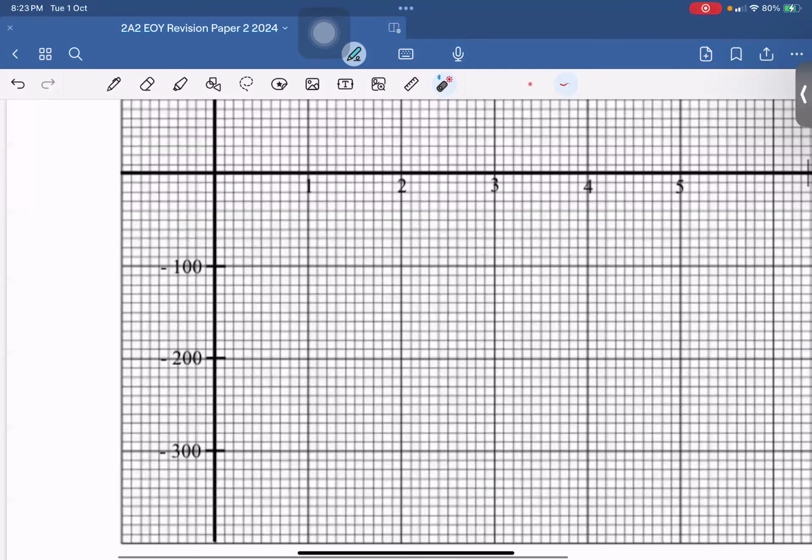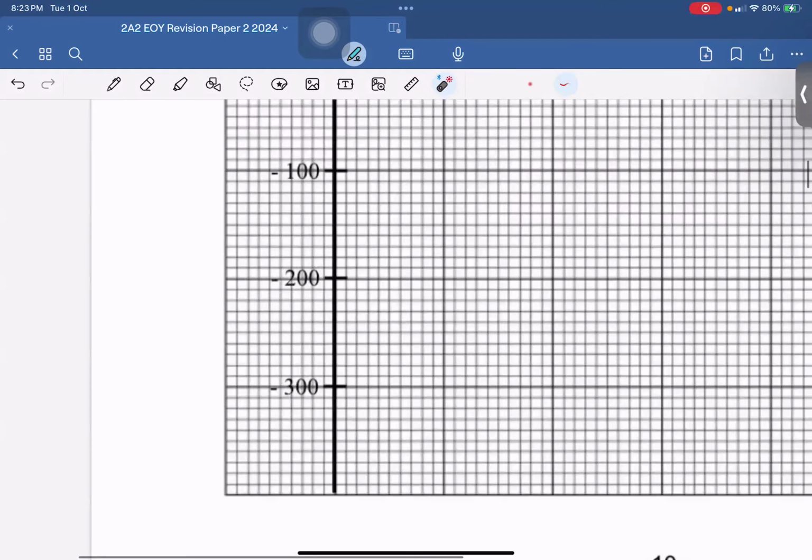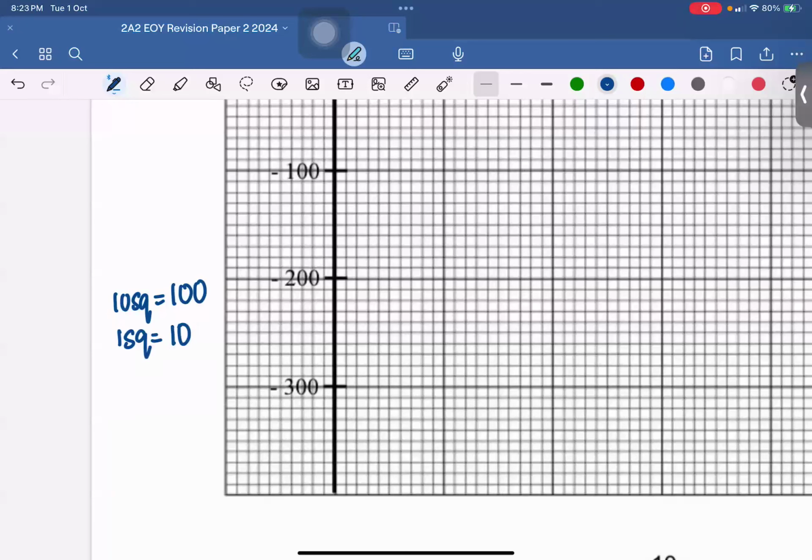We see here there are 10 small squares. 10 squares represent the jump from 100 to 300, a difference of 100 units. So 1 square is 10 units. 250, 200, 1, 2, 3, 4, 5. So minus 250 is here.